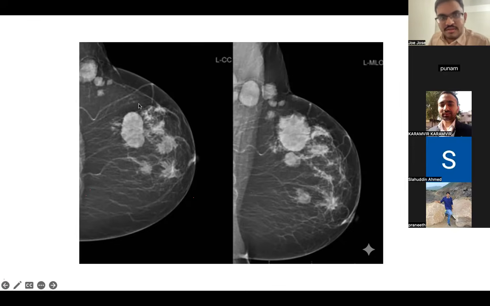Axillary views and... okay, so basically you have spot view, spot compression, right? You have valley view, then you have mediolateral view or lateromedial view, right? And then you have magnification views. So just mention 3 of them. Exam will be happy. Okay.